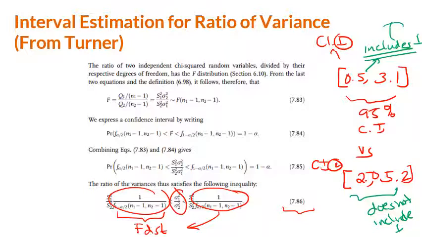But if 1 is not included, as in the case of your second confidence interval, it means we are sure that there is a difference in the variance. The likelihood is very high that the variances of the two distributions are different.